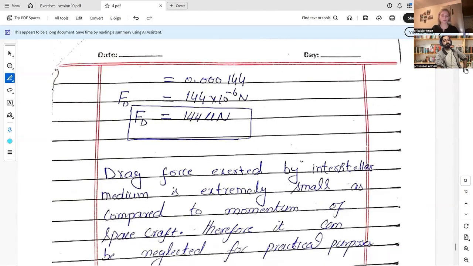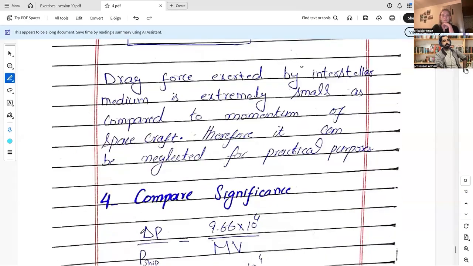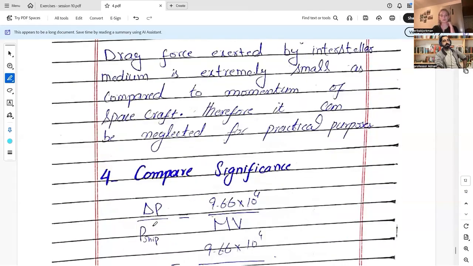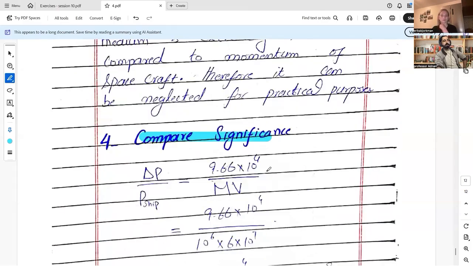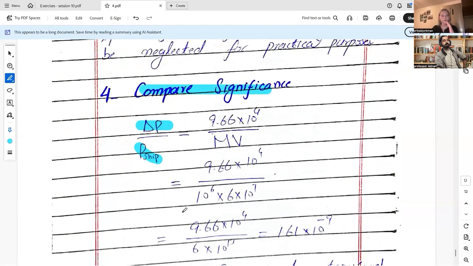So the drag force exerted by the interstellar medium is extremely small as compared to the momentum of the spacecraft. Therefore, it can be neglected for practical purposes. Now compare the significance, del P or P ship. P ship is the momentum of the ship or the spacecraft, while del P is the impulse provided by the interstellar medium, which consists of hydrogen atoms.